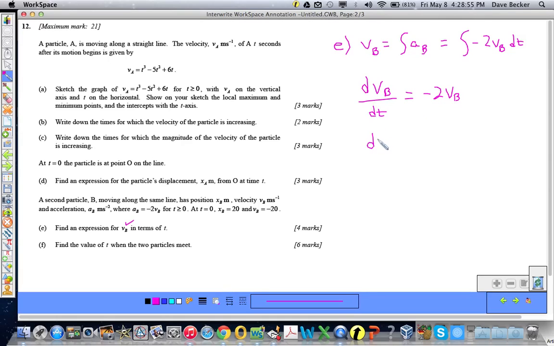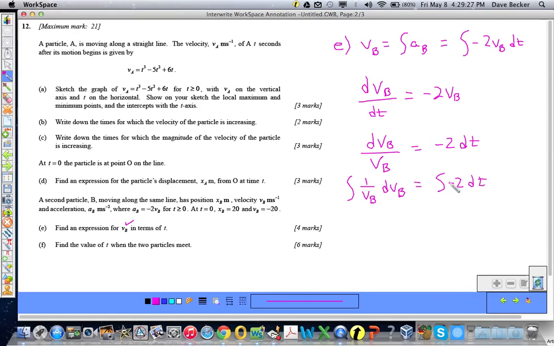Algebraically, I can now write that dvb over vb, because we want to get our terms together, is equal to negative 2 dt. Not bad, not bad at all. Okay, so now I can say, if I integrate both sides, the integral of 1 over vb dvb, because I can integrate since it's the derivative with respect to v, is equal to the integral of negative 2 dt.